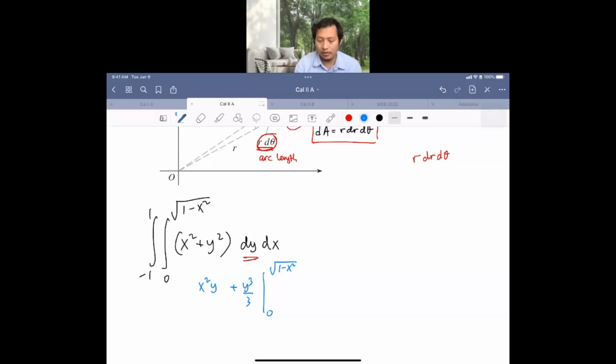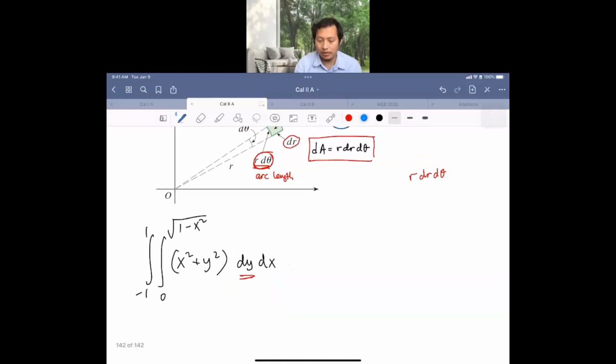Although I'm not sure on your calculators whether you can do some double integrals or not, in the sense of our calculations by hand, this is not doable, right? So what I could suggest to you is to convert this x squared plus y squared into polar.